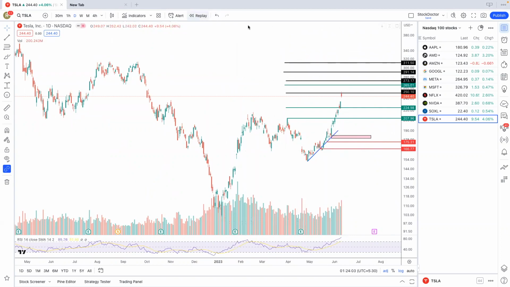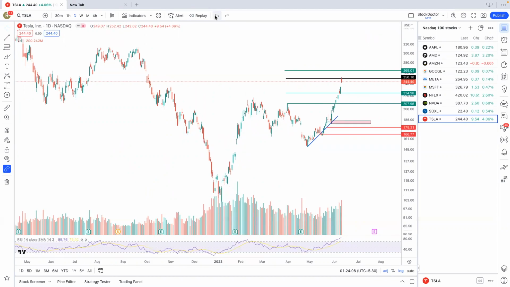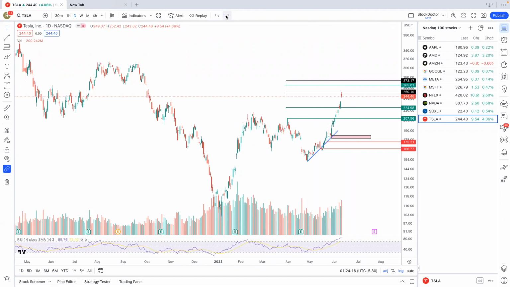Okay, let us see again. Yes, these are the targets. First is 250. If it is crossed, then 265, then 271, 291, and 310. These are the targets for the upside.